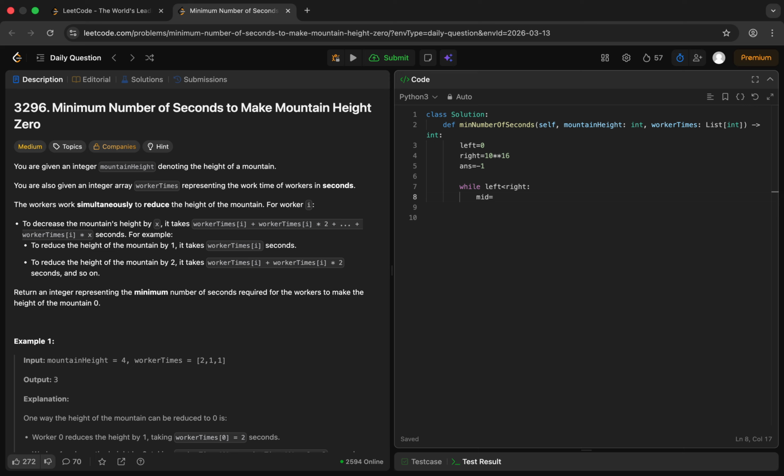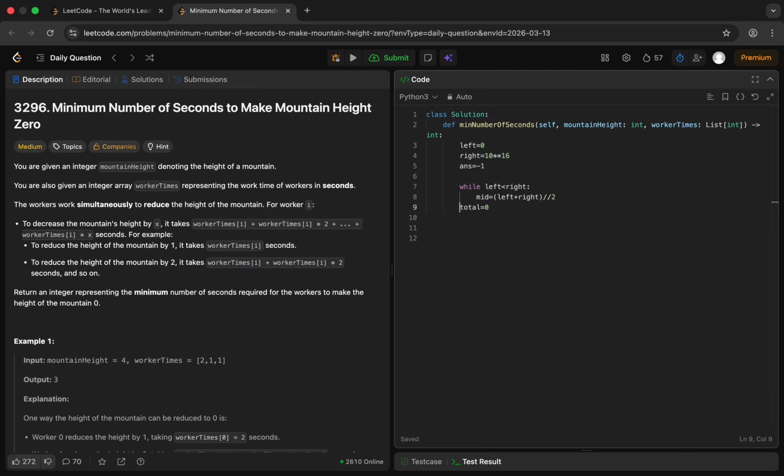Mid is equal to left plus right divided by 2. Now you can simply create a total equal to 0.